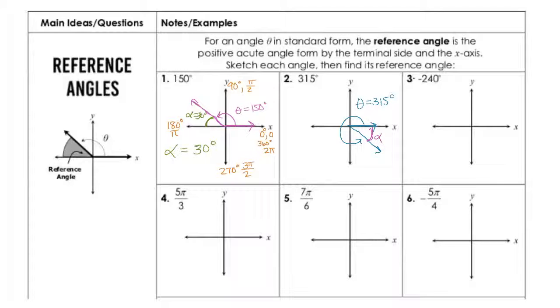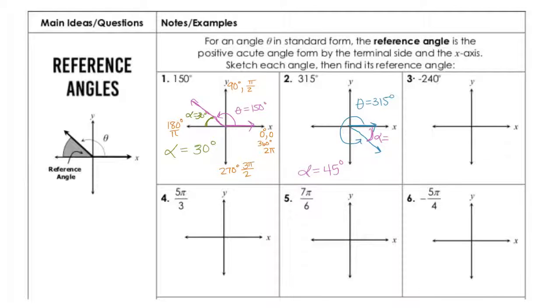And you're always going in relation to the x-axis. Never go back in relation to the y-axis. It's always in terms of x. So what would be our reference angle there? It's going to be 45, isn't it? So here we're going to have alpha equals 45 degrees. Now if you're not sure, keep in mind that you're in the 4th quadrant and you could always do 360 minus that.